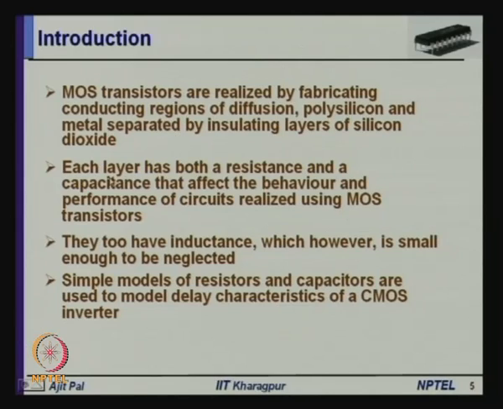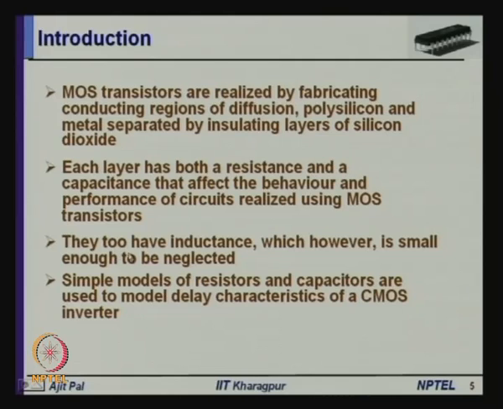And as we know, each layer has both a resistance and a capacitance that affect the behavior and performance of circuits realized using the MOS transistors. And obviously, these conducting layers will have finite resistance and also capacitance associated with them, and that will affect the switching characteristics. Switching characteristics means when the input is changing from low to high or high to low, output is also changing from high to low or low to high.